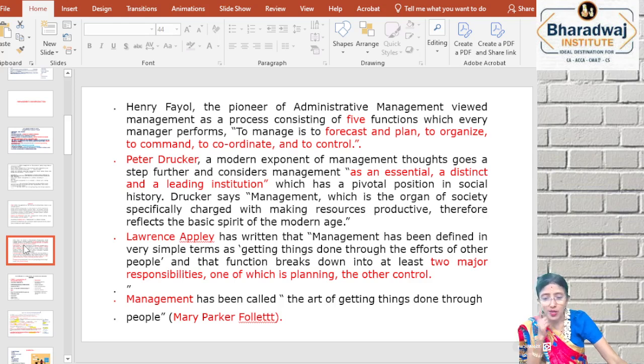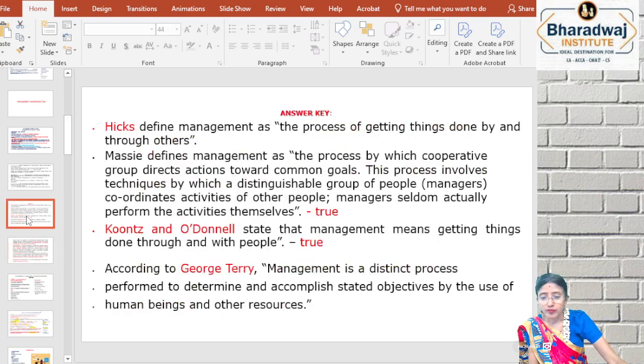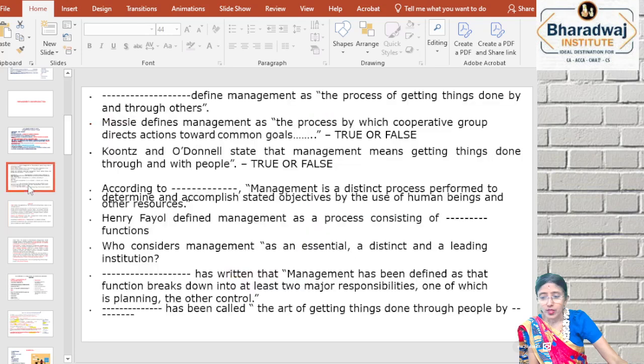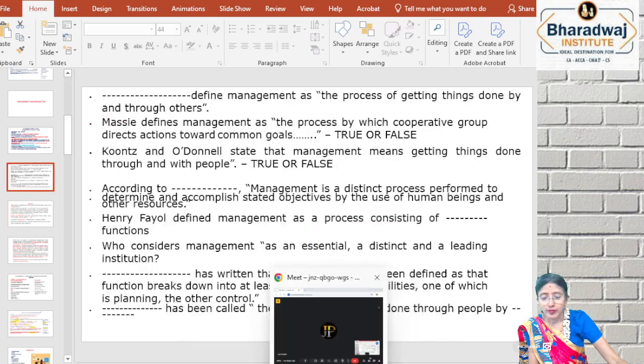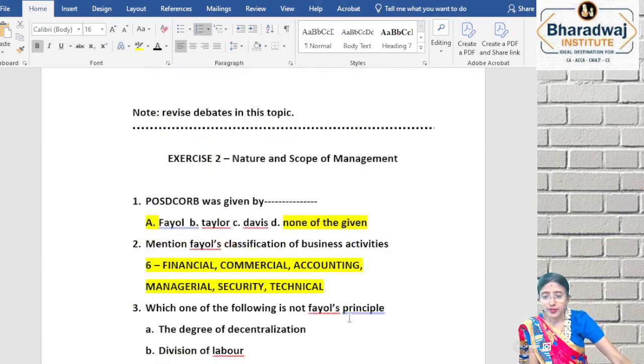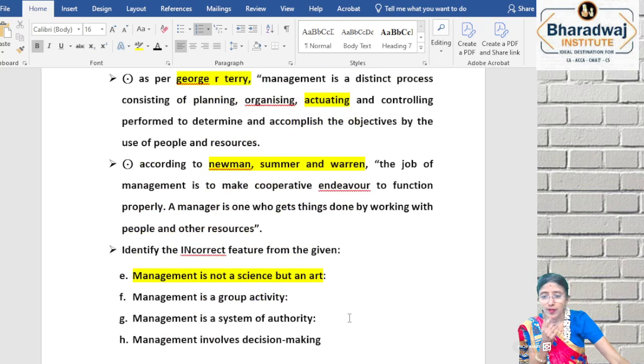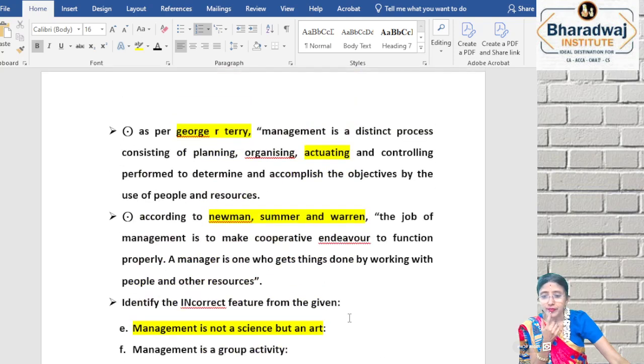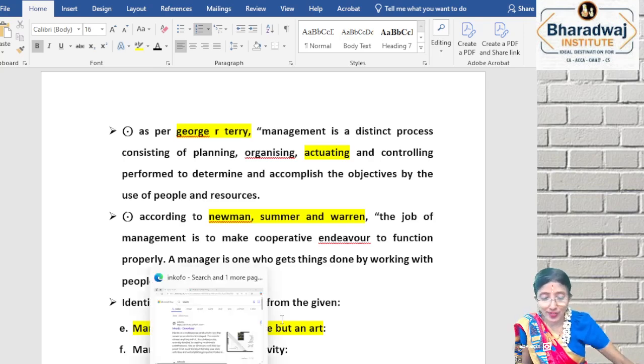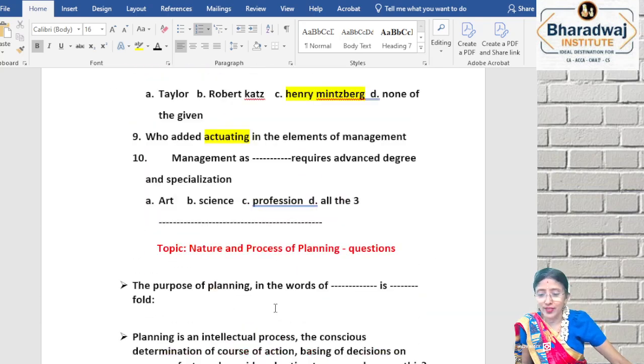Look at your notes. The answer is there already. From this you find out where it is. And here it comes, actuating.